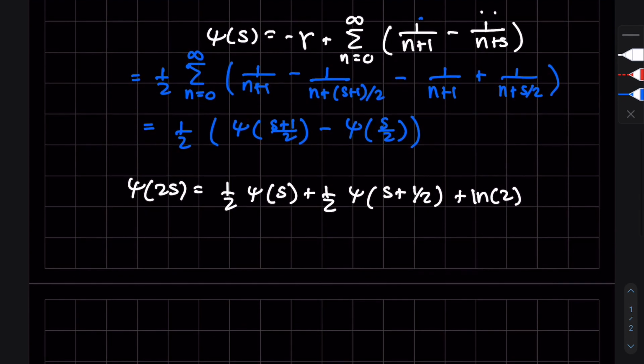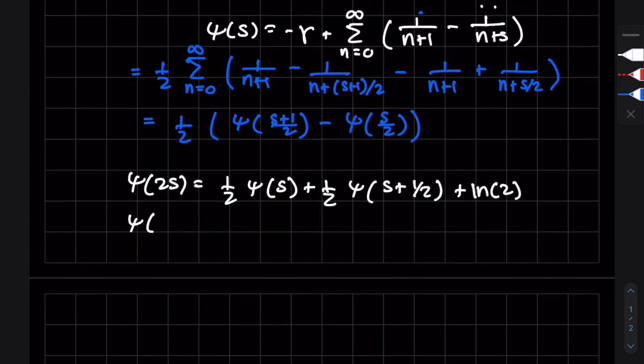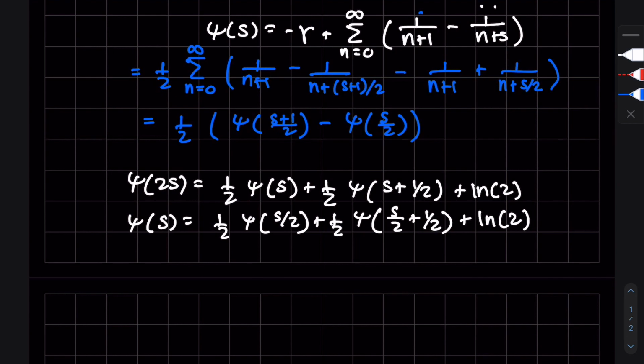Now in our case, instead of s, we can sub in s over 2, so that we have s here, s over 2. So the double angle has become a half argument formula, plus natural log of 2.